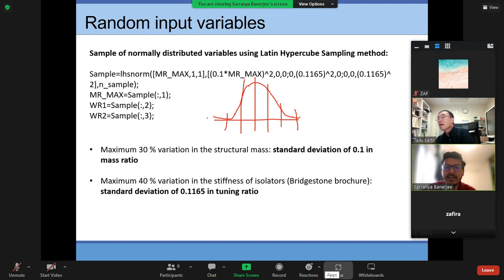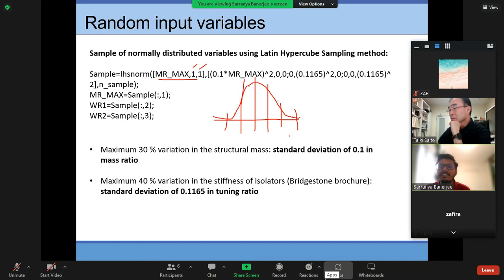So in this case, we are considering the normal distribution of the different variables, MR max and the two tuning frequencies, and the standard deviations of these variables that I have considered from some papers. Also, Sensei, you gave me the Bridgestone brochure for the variation in the stiffness properties of the isolator. In that brochure, I saw that the maximum variation is around 40% if we consider all the different uncertainties.